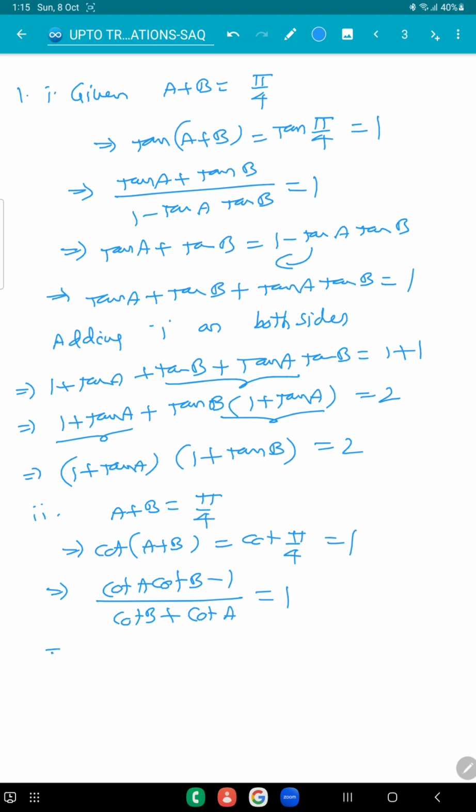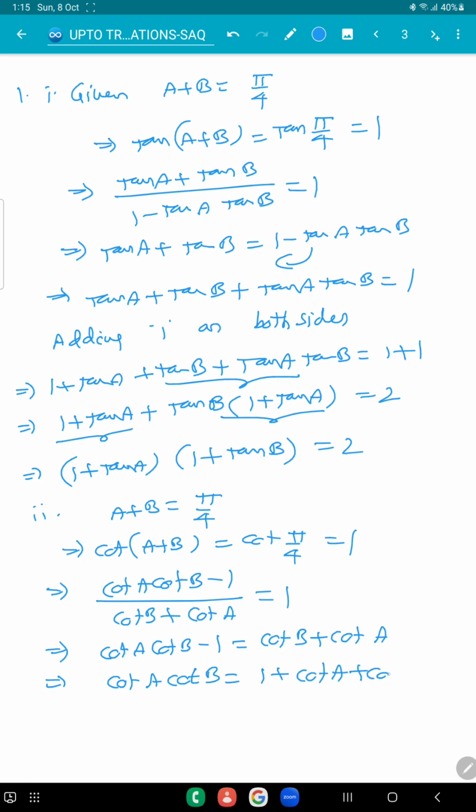Cross multiplication, what will we get? Cot a cot b minus 1 is equal to cot b plus cot a. Writing, cot a cot b is equal to 1 plus cot a plus cot b.